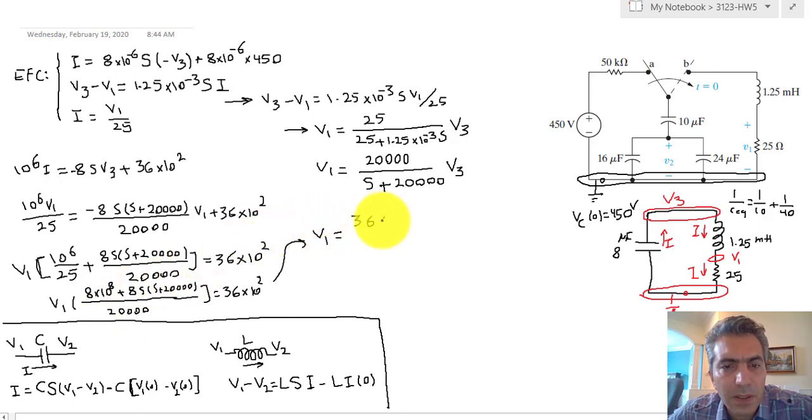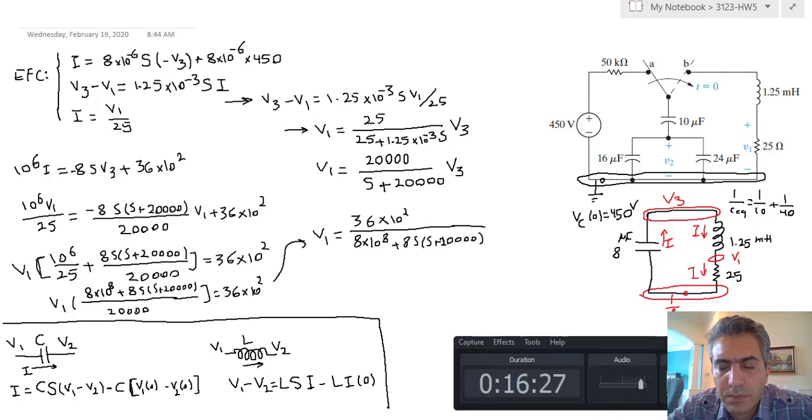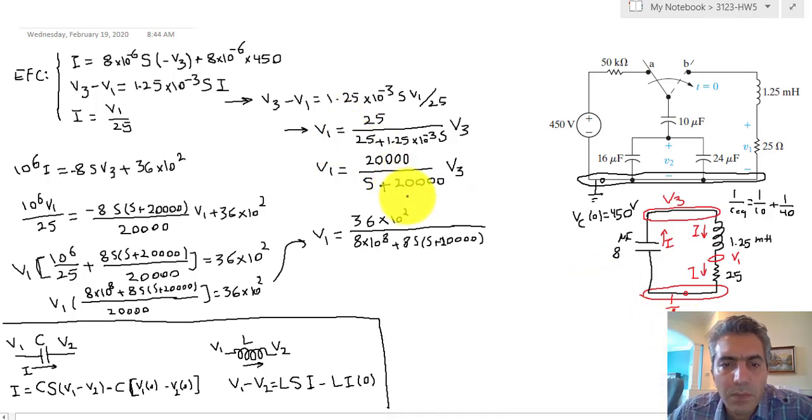So 36 times 10 to the 2 divided by 8 10 to the 8 plus 8s s plus 20,000 times 20,000.